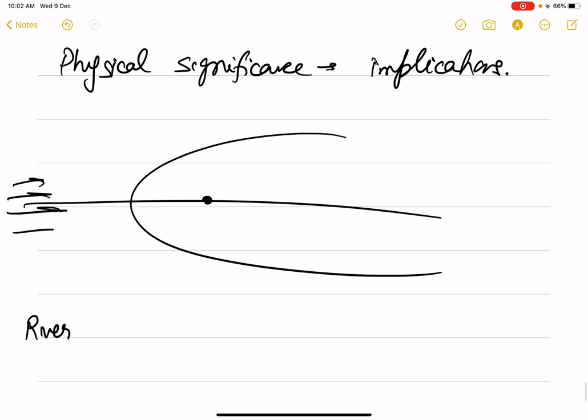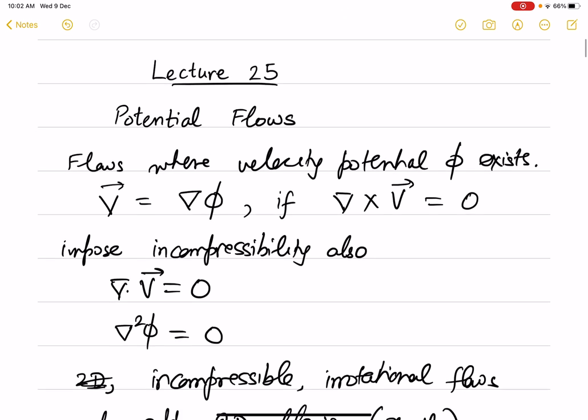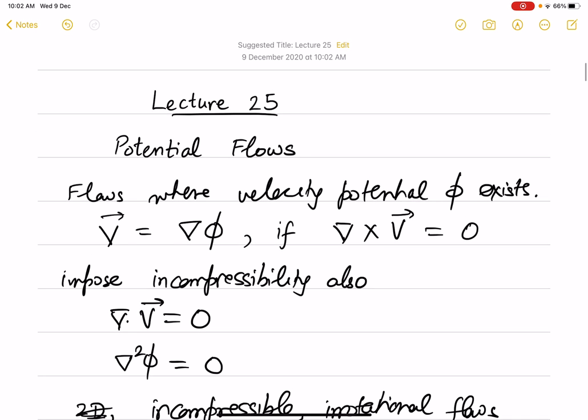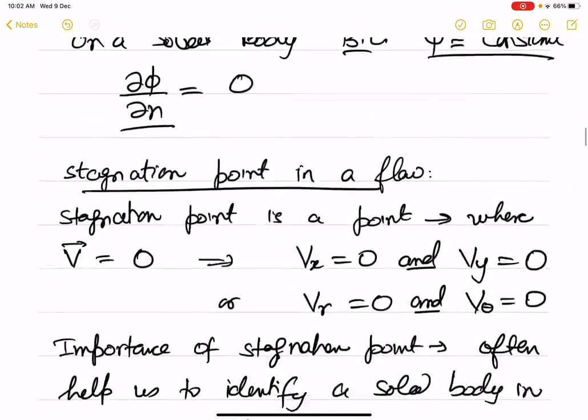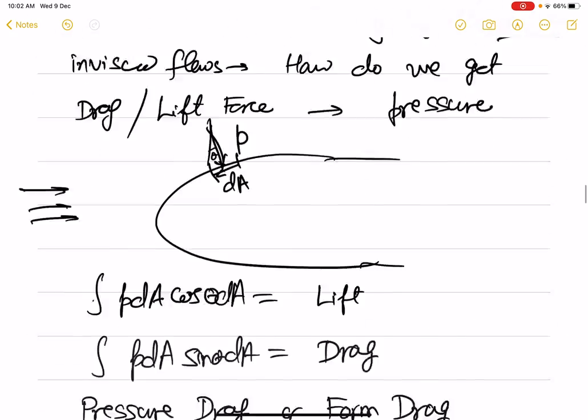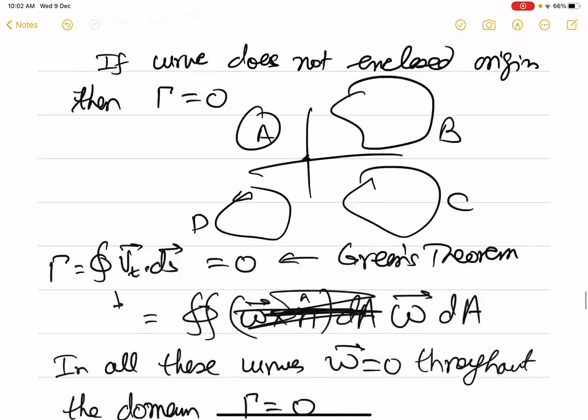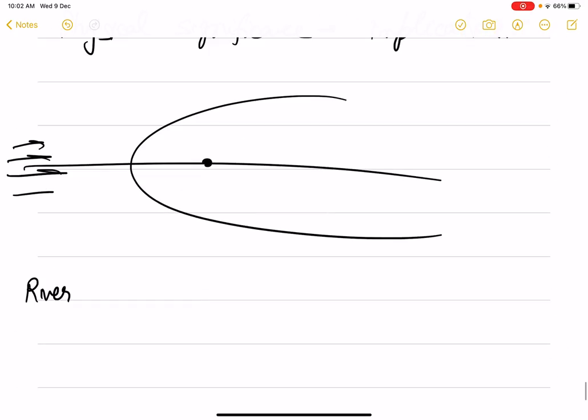There's a river which is flowing, and there's a pipe which is, let me get back to the pen. Somehow it seems to have stopped working, but we'll get back. So let's get back to the figure.